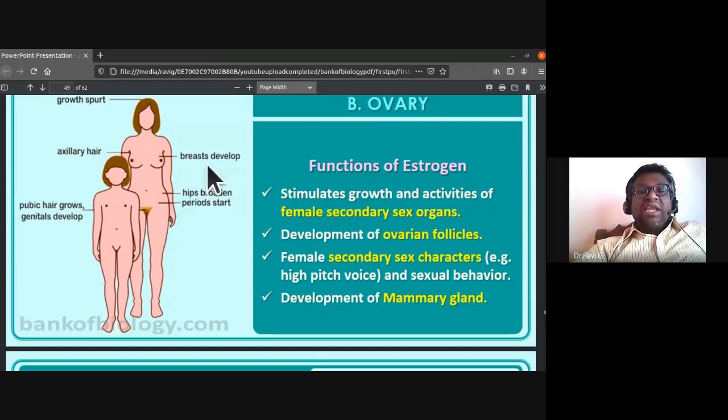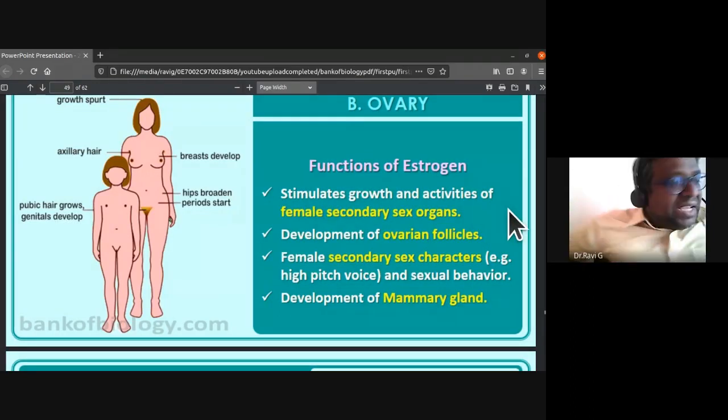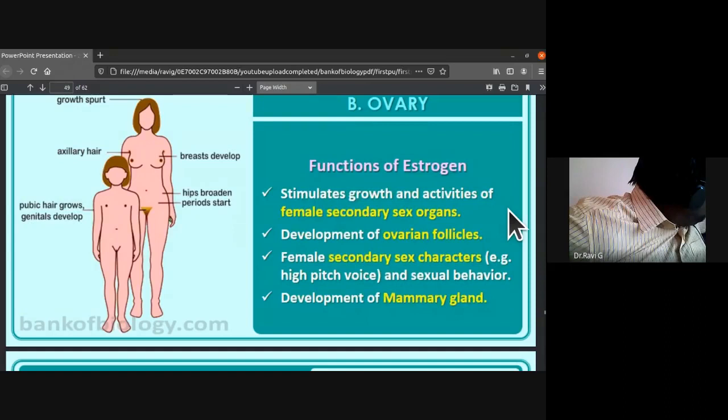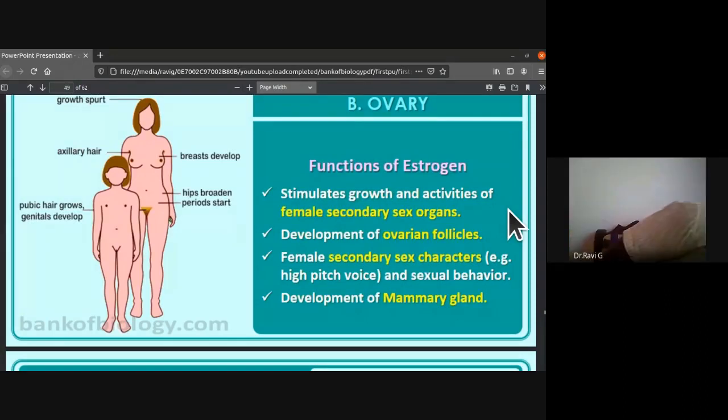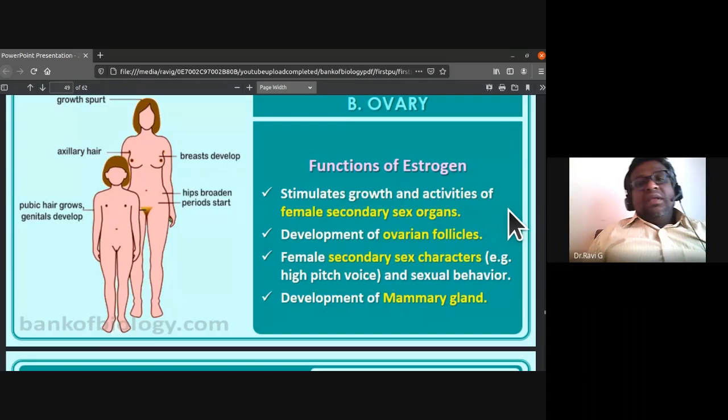So what are the secondary growths in case of women from puberty to adult? They stimulate the growth and activity of female secondary sex organs like the ovary.